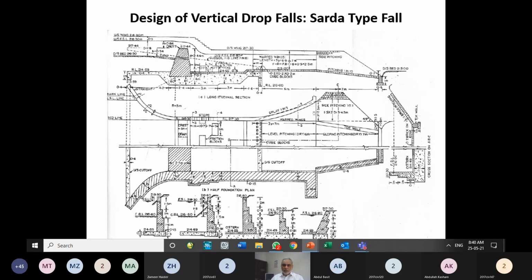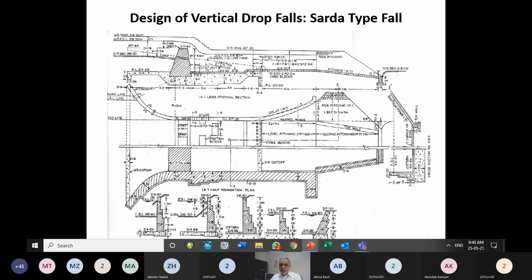So the message is how much will be the length of this crest. The length of this crest will actually be the bottom width of the canal. So if the canal is a trapezoidal channel, when we convert it into a rectangular channel, the bottom width will be protected, and this bottom width will be provided as the crest length.